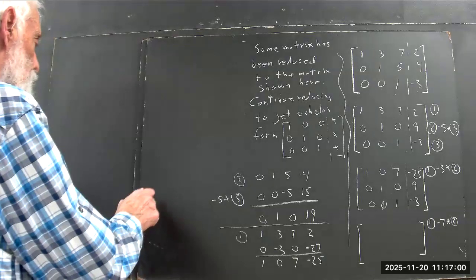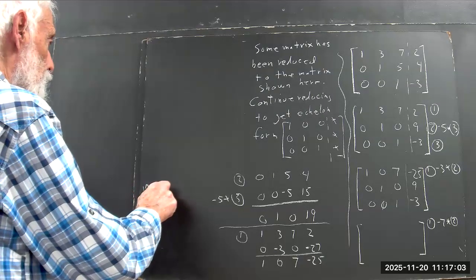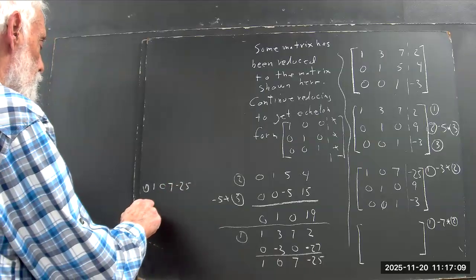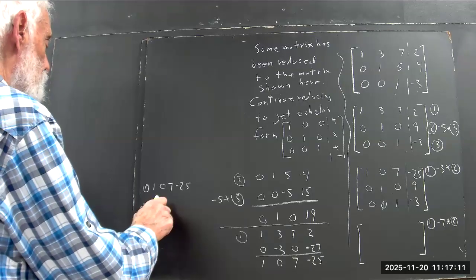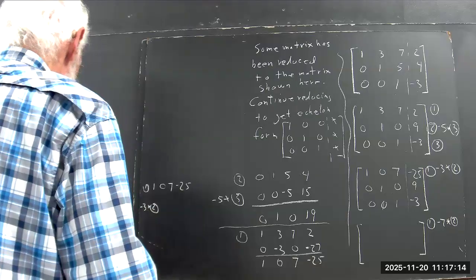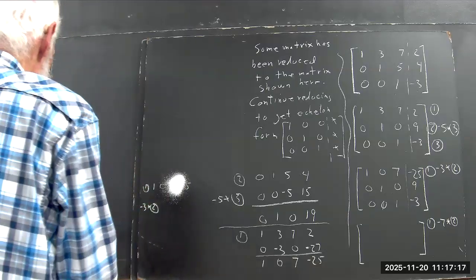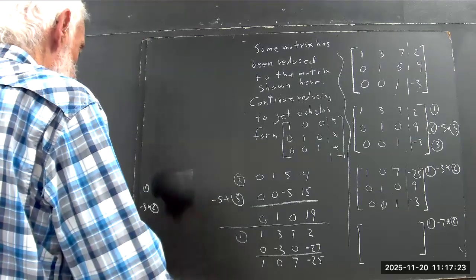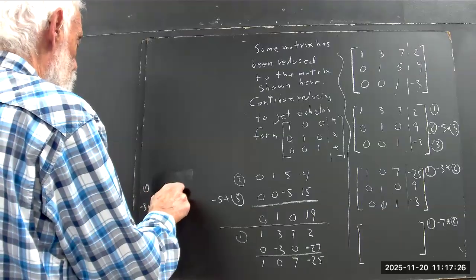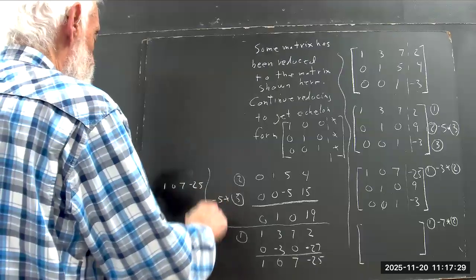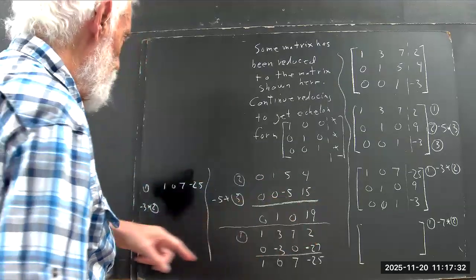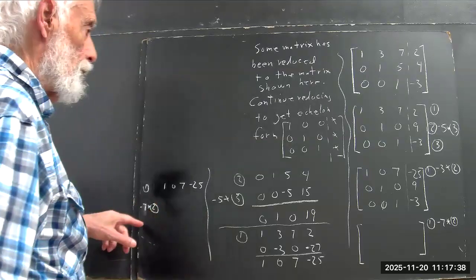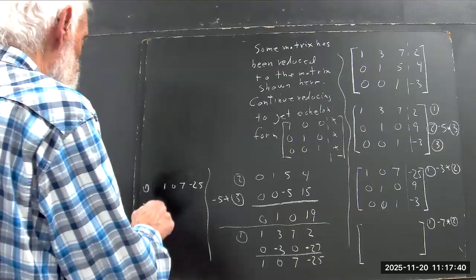But over here, I'm going to have row 1, which is 1, 0, 7, negative 25, and negative 7 times row 3.